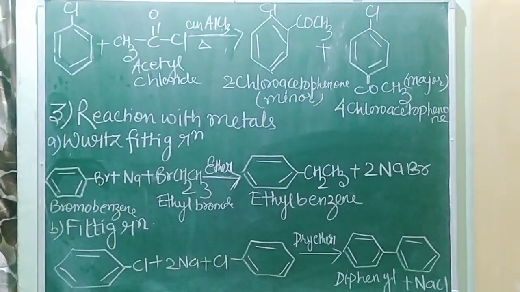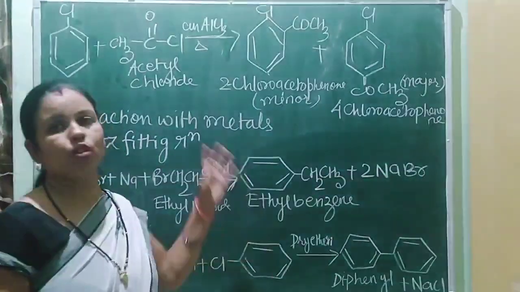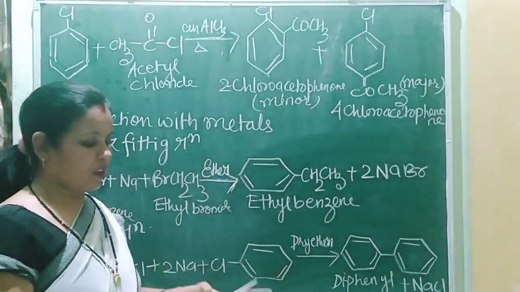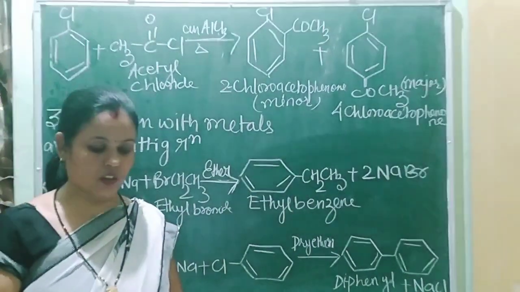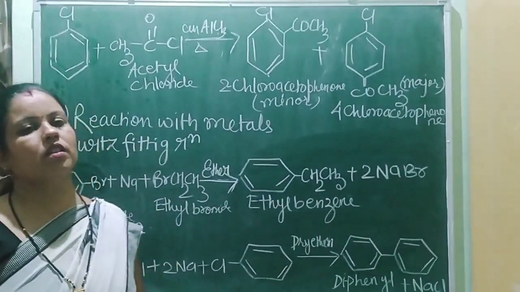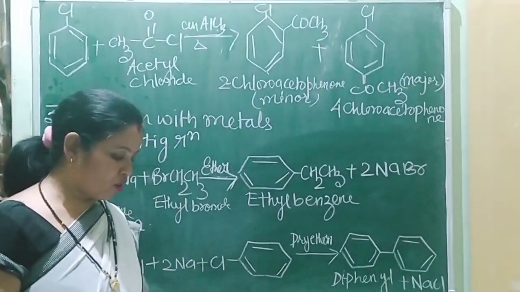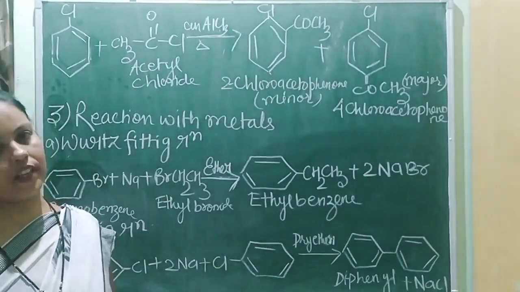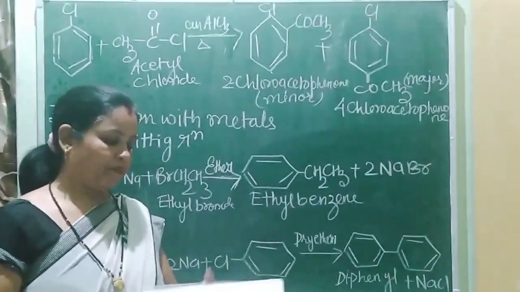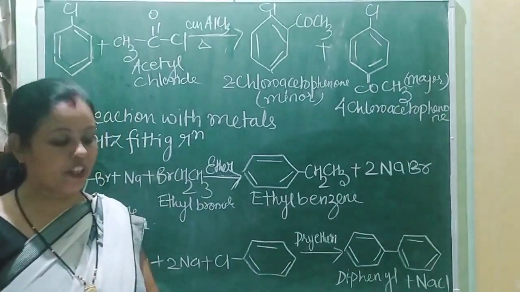Now our next topic is polyhalogen compounds. Carbon compounds containing more than one halogen atom are usually known as polyhalogen compounds. Some of the polyhalogen compounds given in your syllabus are dichloromethane, trichloromethane commonly known as chloroform, triiodomethane commonly known as iodoform, tetrachloromethane commonly known as carbon tetrachloride, and freons.